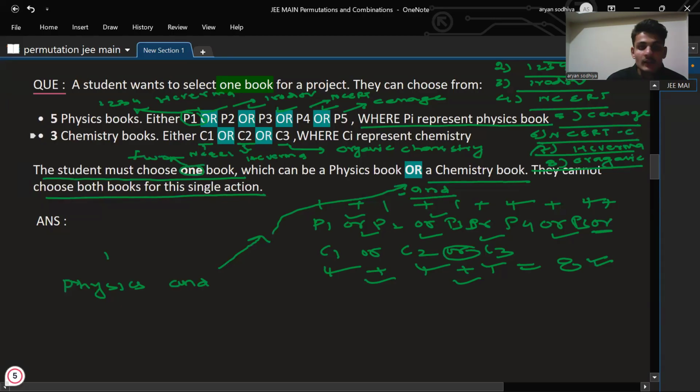I am just changing the question a little bit. So please read the questions and their keywords very carefully. Always note the "or" and "and" very attentively. If here is "and", let's say, a student needs to choose two books. One can be physics and one can be chemistry. Now I have changed the question a little bit.